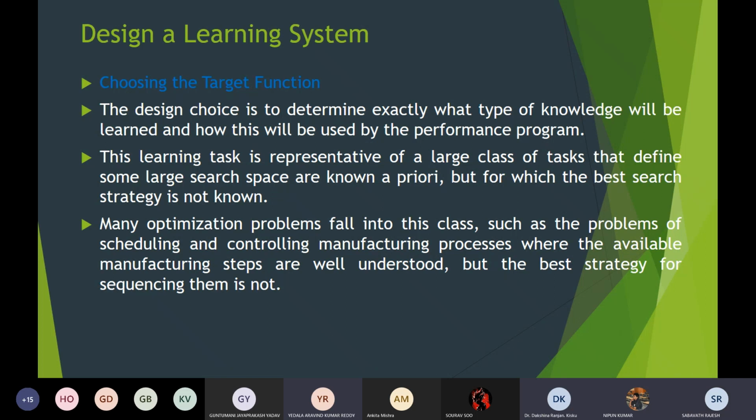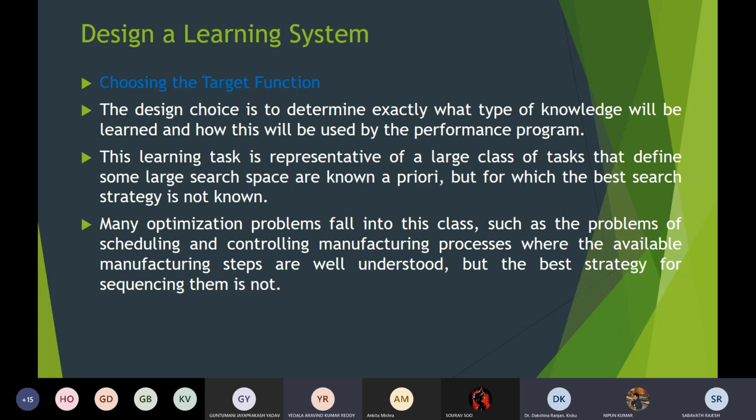In this way, if we gather a large class of such tasks, that will define a large search space. This search space is known a priori, and this information needs to be available to us so that we can design the learning system in a better way.